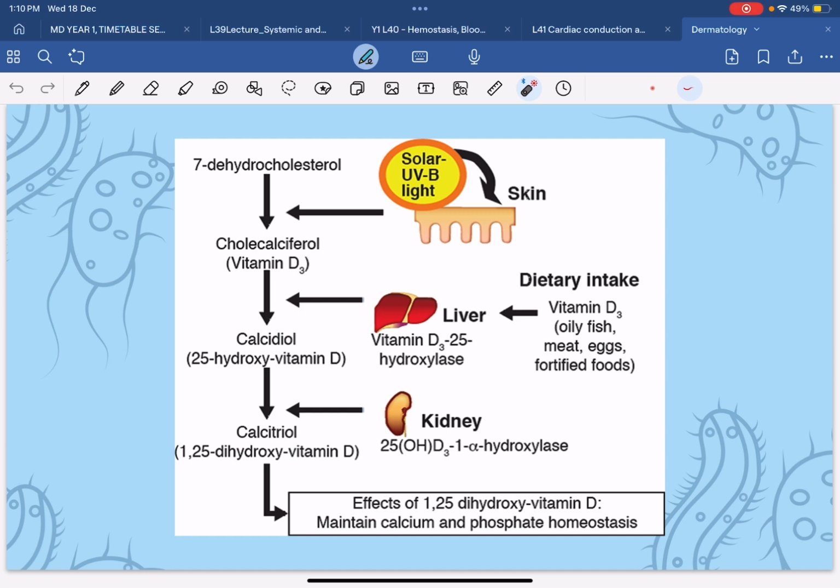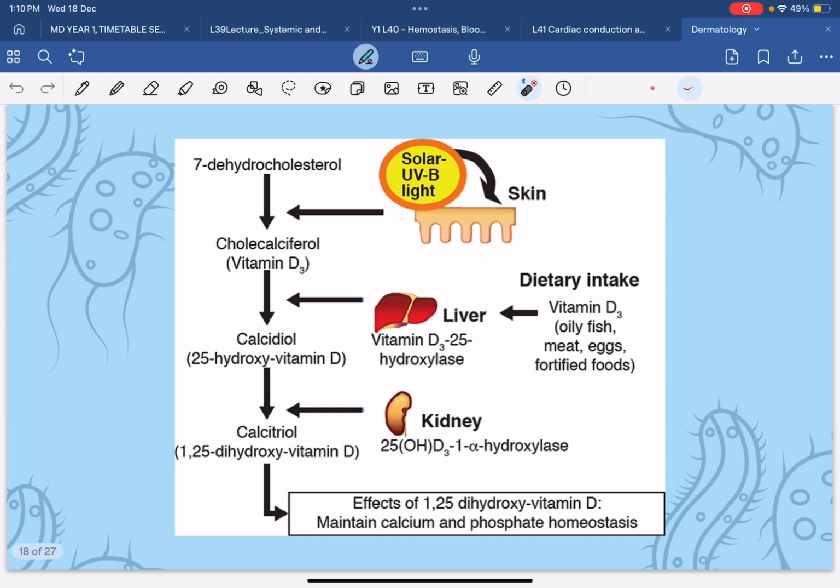Then it also involves dietary intake of vitamin D, vitamin D3 and vitamin D2. Vitamin D3 comes from fish oil and fish meat, and D2 includes supplements, so it's stored in the liver. So with the help of this dietary intake, the cholecalciferol will be converted into 25-hydroxy vitamin D, which is called calcidiol.